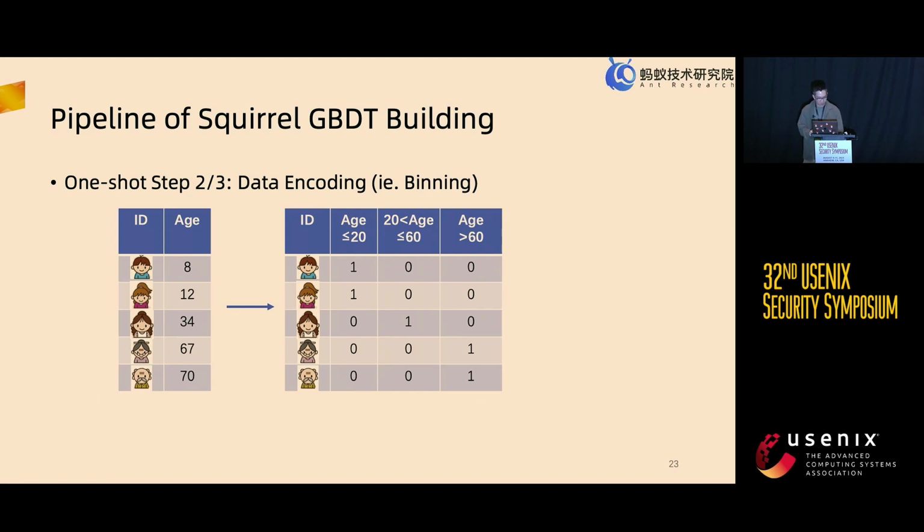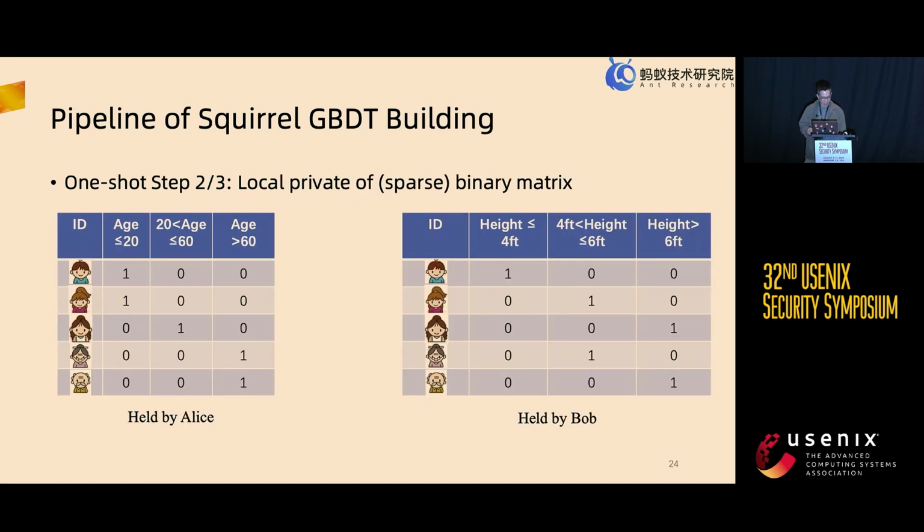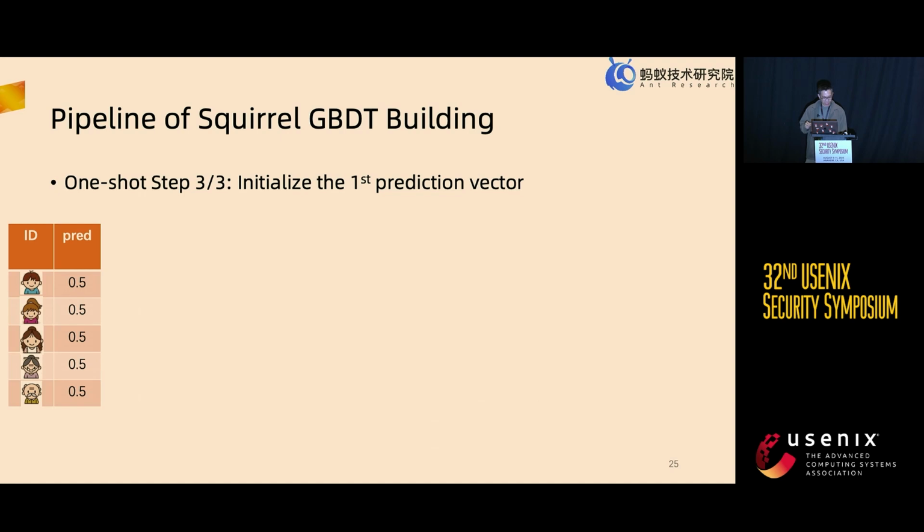We just do some of them. And actually, the local data is a sparse matrix, like a binary matrix that is very sparse. The final step is to initialize the first prediction vector randomly, like just set it to 0 or 1.